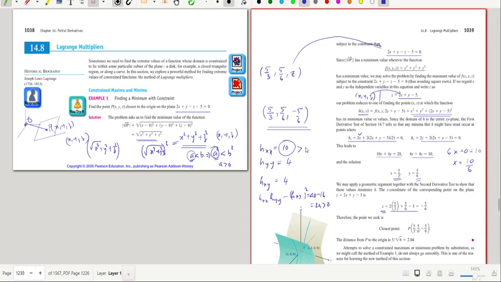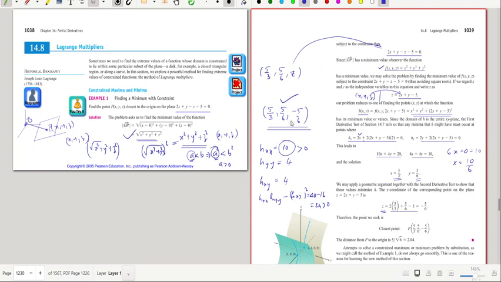Since this is greater than 0, the point 5 by 3 and 5 by 6 is a point of minimum. So in order to get that minimum value, we evaluate our function. Our required function is this one rather than this. So this is the point at which this is minimum.